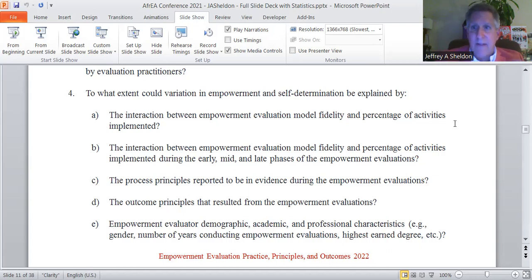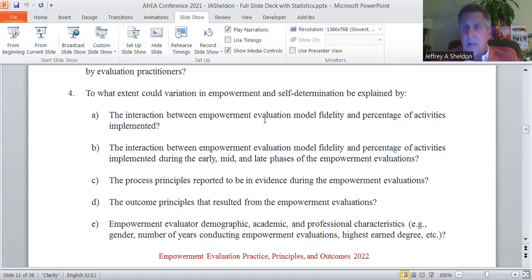So there are five things here. One has to do with the model and implementing whichever model is chosen with fidelity, doing all the activities that are part and parcel of those models. Then the process principles, the outcome principles, and then demographics.